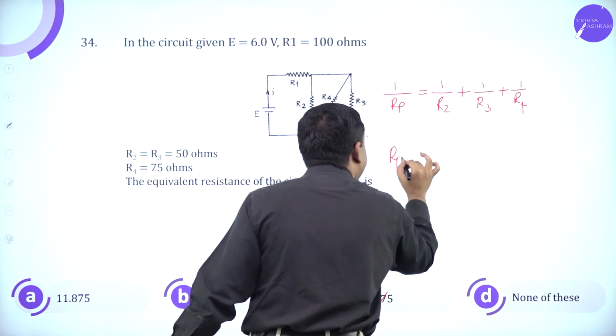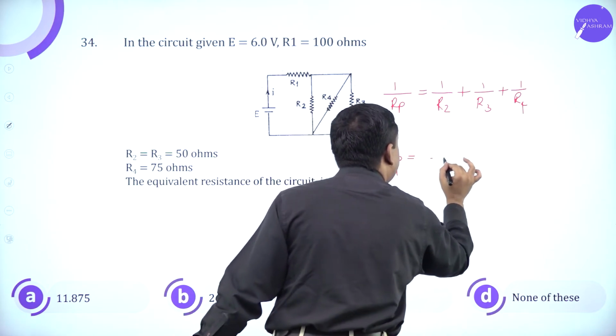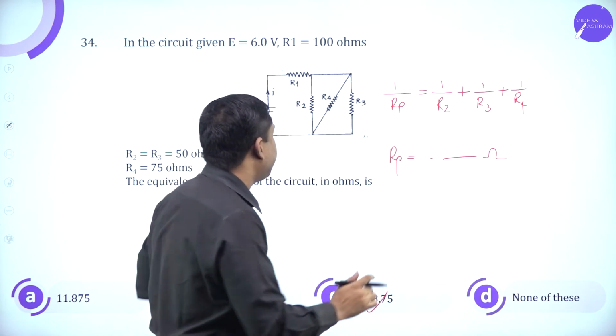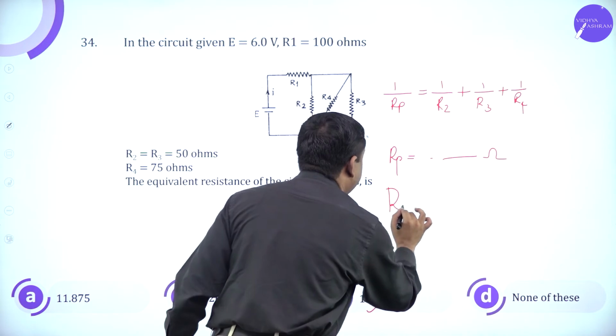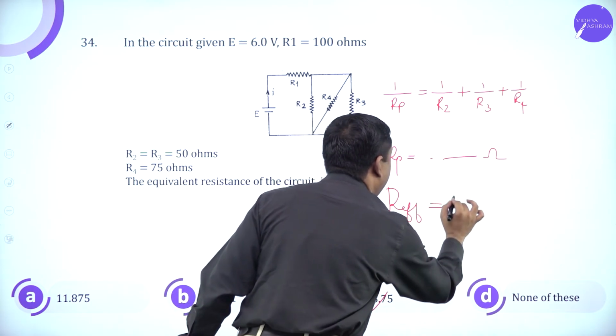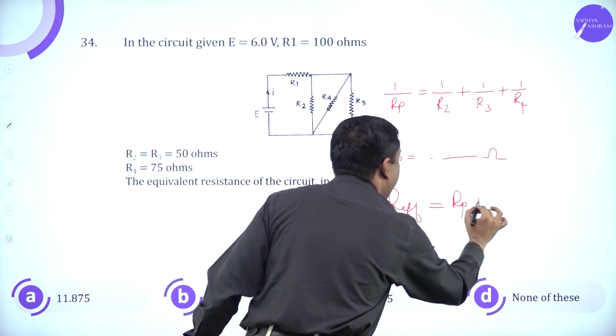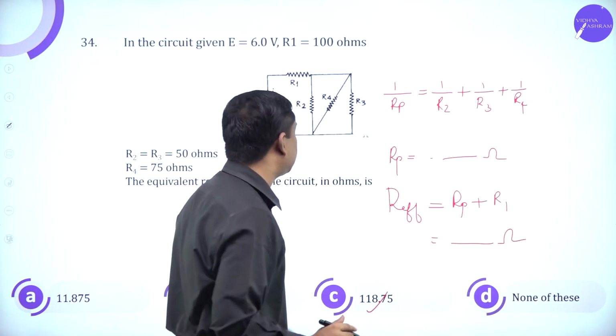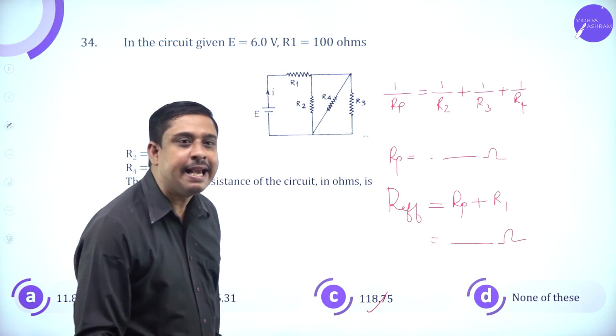Substitute, take the reciprocal, you get so many ohms. That Rp and R1 are in series. So R effective is Rp plus R1. So many ohms. The third option is the answer.